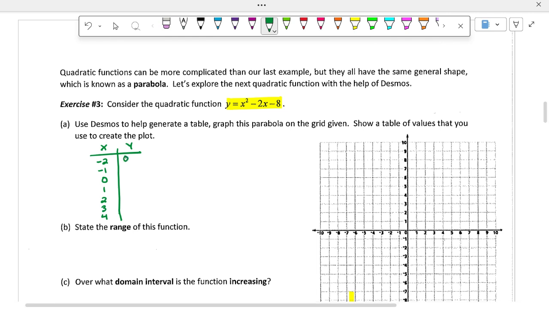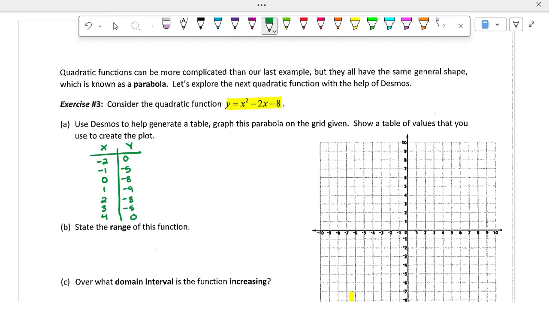So it went 0. What was the next number? What was the value at x equals -1? -5, -8, -9, and then it repeats. So -8, -5, 0.